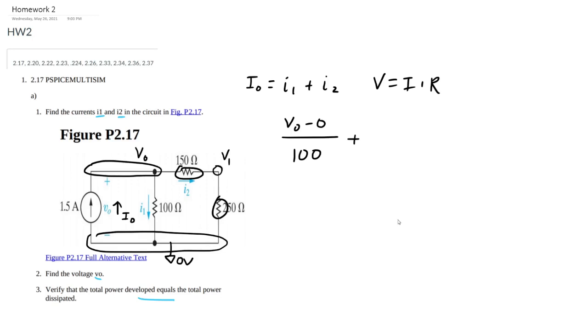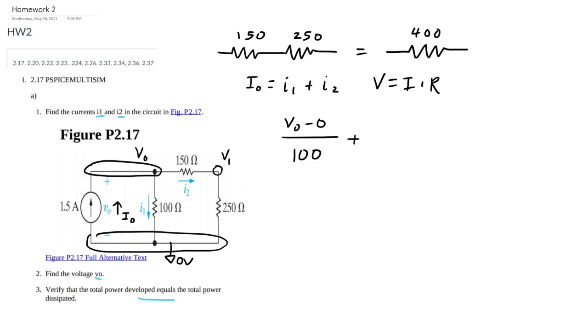I don't know if he's taught the addition rules for them yet, but real quickly, when you have resistors in series, they equal the sum of their resistances. So if we have 150 and then 250, that's going to be 400 ohms. So we can skip this entirely. We can come back to find that later, just to be thorough.